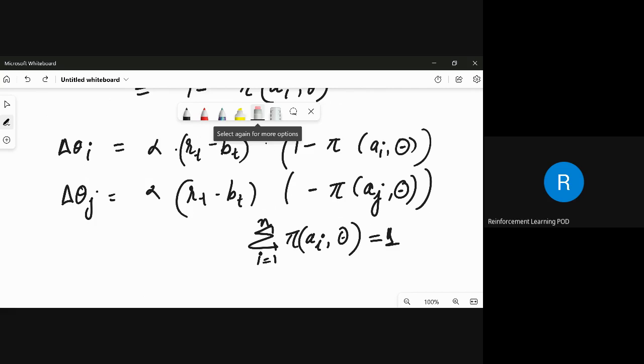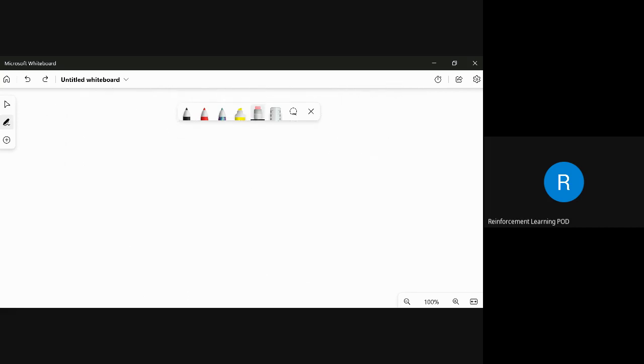Now we've seen two examples of discrete actions. Let's take one example of continuous actions. For a particular state, again this is for the multi-armed problem, with mu comma sigma. That means taking a particular action depends on two parameters, mu and sigma, and this is how it is defined.